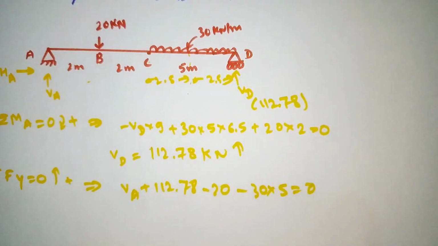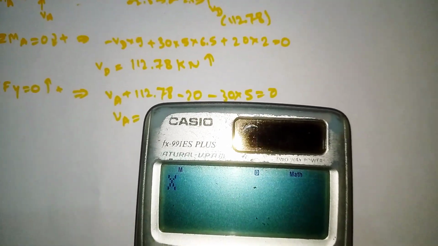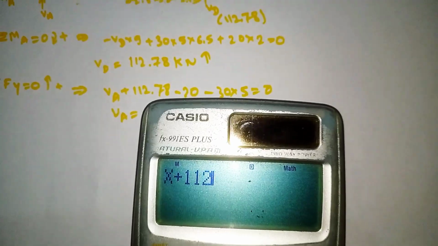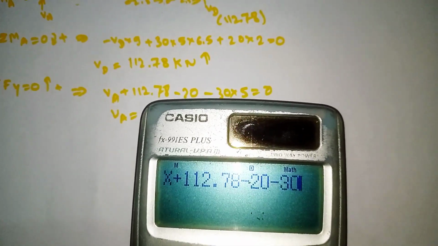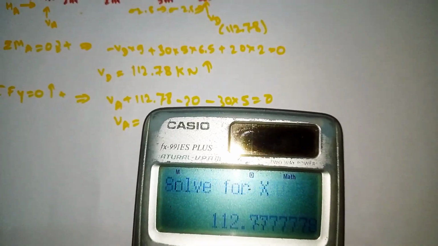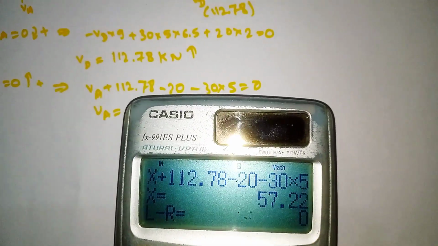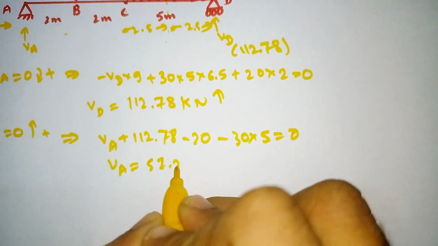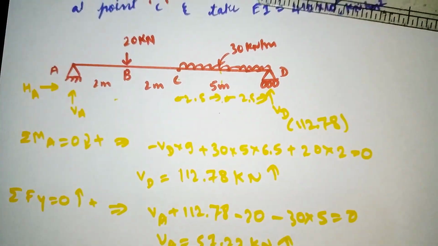So if we solve this, VA is nothing but our x. VA plus 112.78 minus 20 minus 30 into 5 is equal to 0. Our VA will come out as 57.22 kilonewton. It is also moving upward, so whatever direction we have taken was correct.